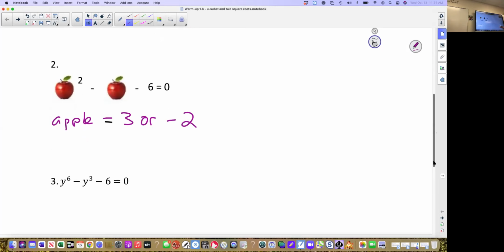Okay, so the idea here is regardless of what we have here, if I have something squared minus something minus 6 or whatever constant we want, when I have this particular pattern, I can solve this in the same way, regardless of what that something is.